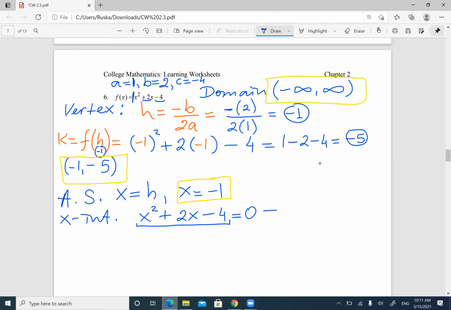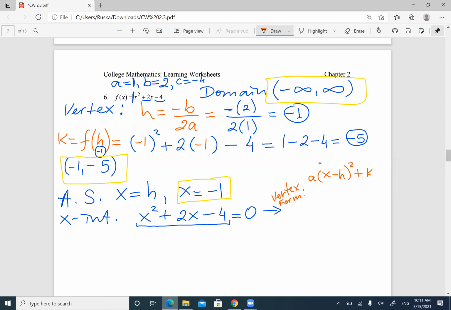Getting the vertex form is really easy if you have h and k. The formula is a times x minus h squared plus k, right?